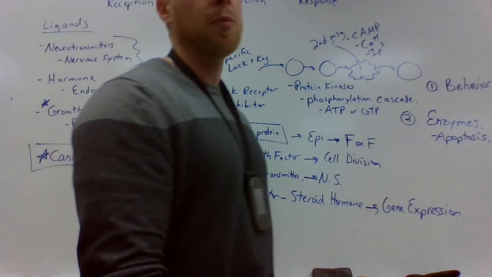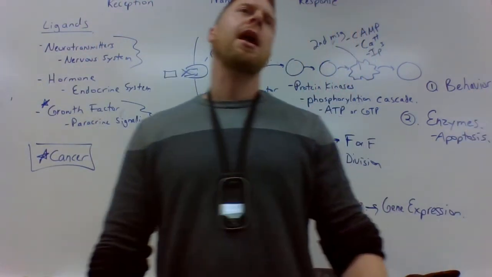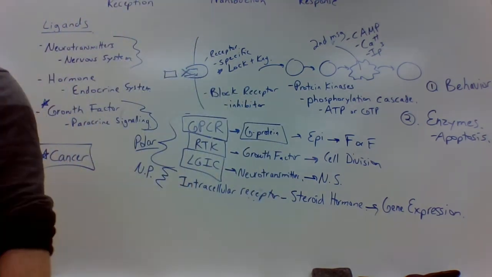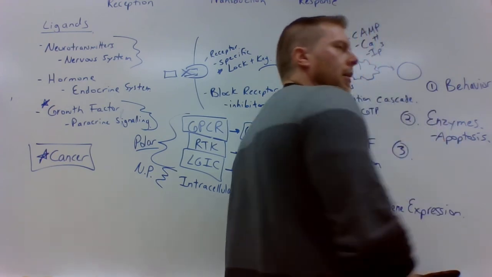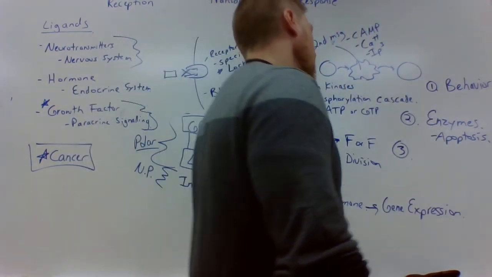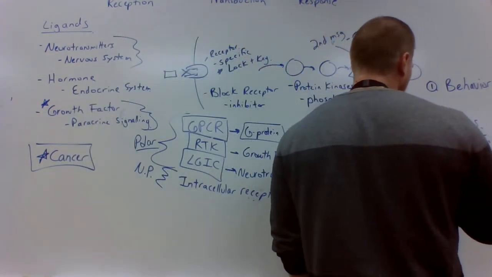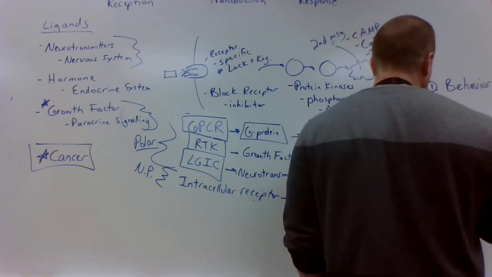Growing a shmoo would be a good example of changing cell behavior. And finally, our third response, the most important of those three, is going to be turning genes on or off.